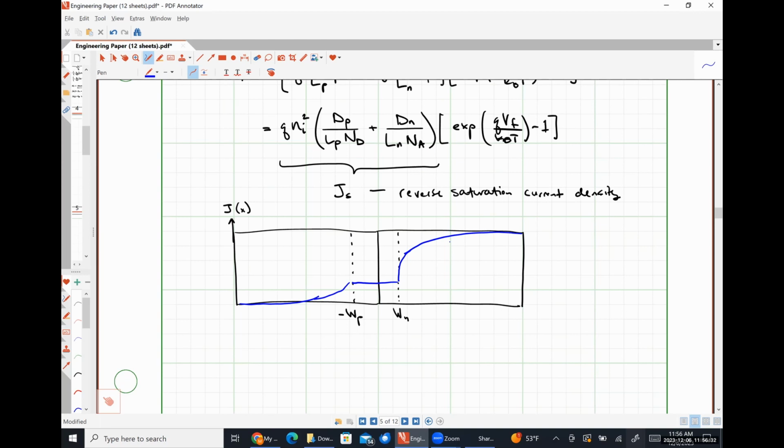So this is what J diffusion for electrons is going to look like as a function of position. Holes is going to be pretty much the exact opposite thing.